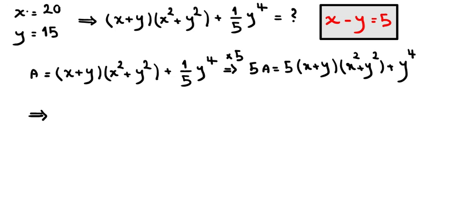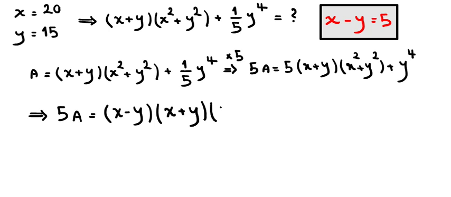Now we have 5 times a, and here instead of 5 we write x minus y multiply x plus y multiply x power 2 plus y power 2 plus y power 4.